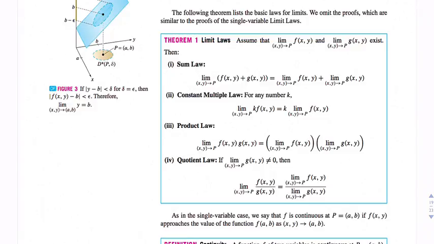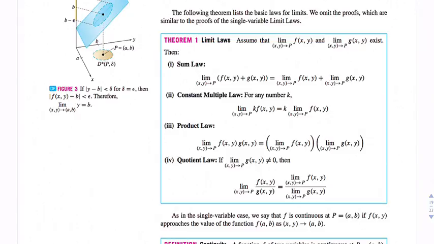The constant multiple law. If we take the limit of a constant multiple times our function, it's almost like we can factor out that constant. That's going to be the same as the constant times the limit of the function. The product law. If we take the limit of a product of functions, that's going to be the product of the limits. Now the quotient law.